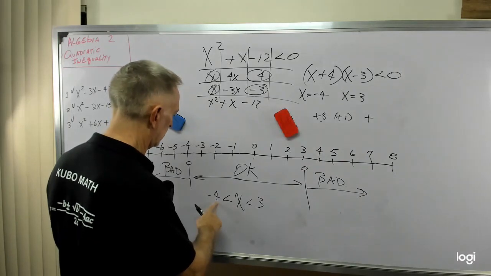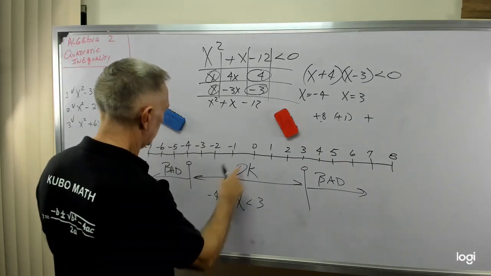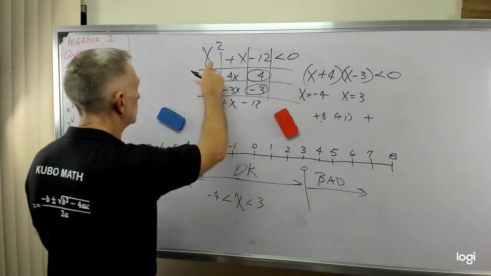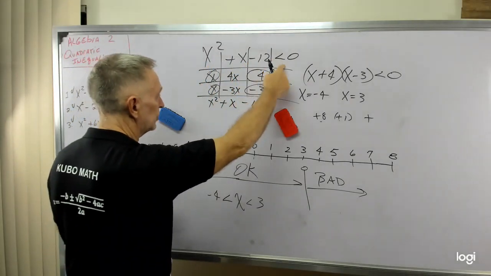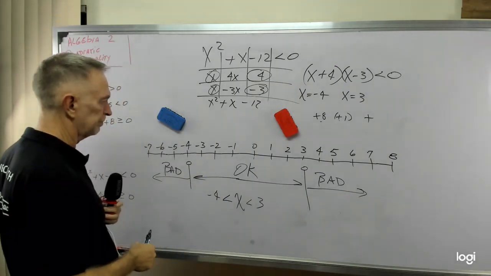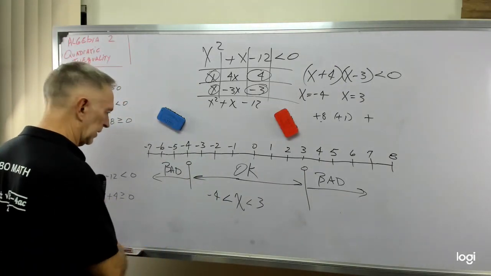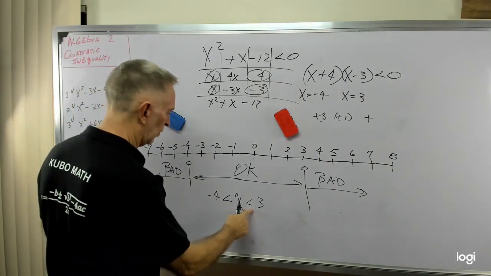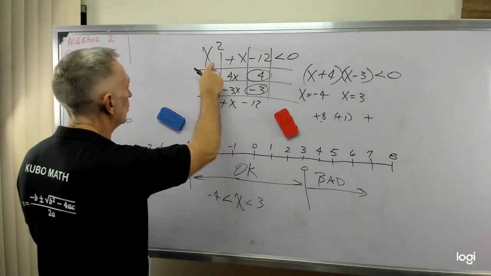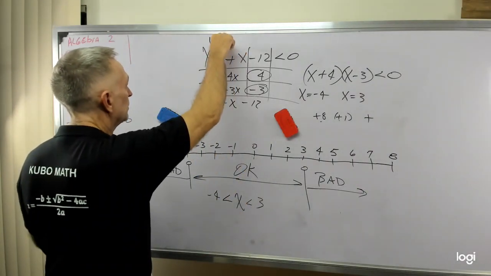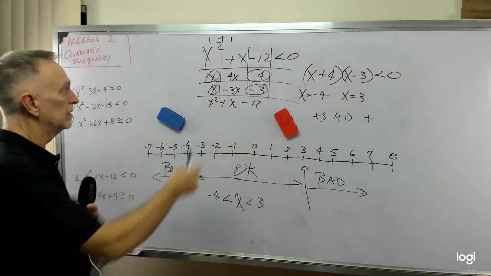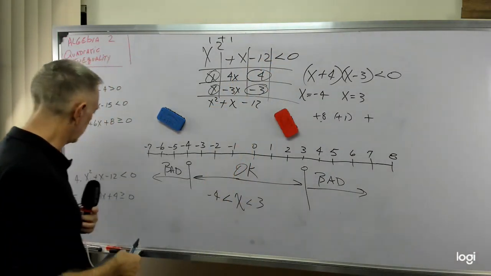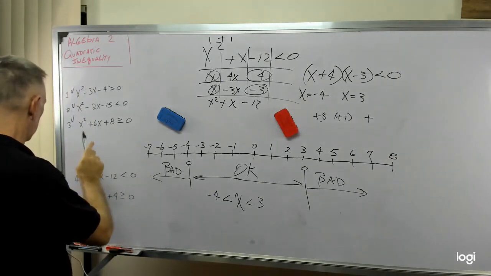Let's pick, well, 0 is in that range. 0 squared plus 0 minus 12, well, that's less than 0. That's awesome. So that worked out just fine. 1's also in here. 1 squared is 1 plus 1 is 2. 2 minus 12, obviously that's negative, and that's less than 0, so that works. All right, let me check that one off.